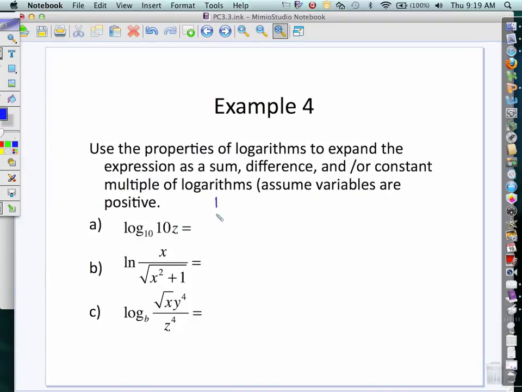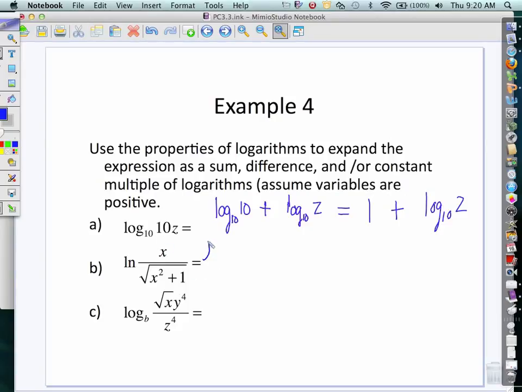All right, we've got log base 10 of 10z, so we can write that as log base 10 of 10 plus, since it's multiplication, 10 times z, you separate it with log base 10 of z, with addition in between them. And since log base 10 of 10 is 1, this actually equals 1 plus log base 10 of z.